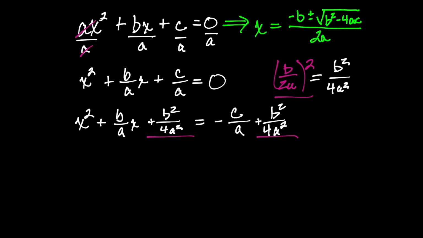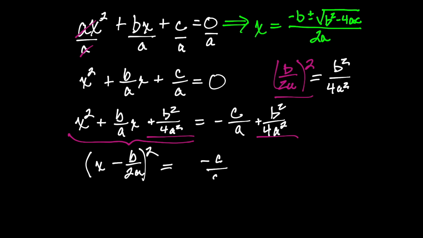So what we're going to go ahead and do is write this in squared form. So this would become (x minus b/2a) squared. So that's what this whole thing becomes here, right? b/2a before we squared it. So on the right hand side, we're going to have minus c over a plus the b squared over 4a squared.